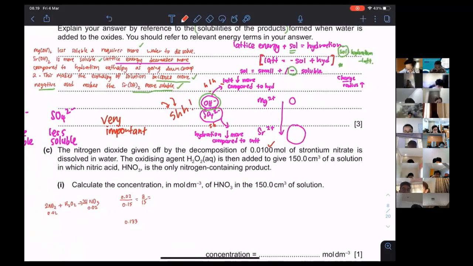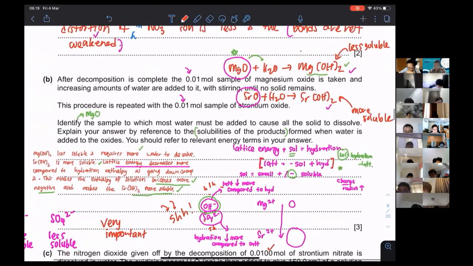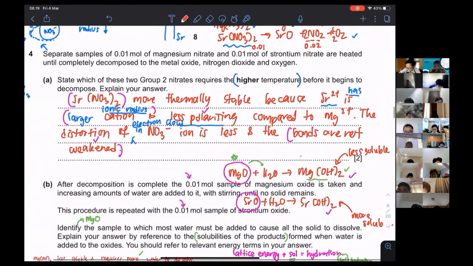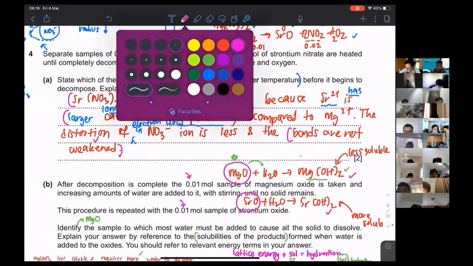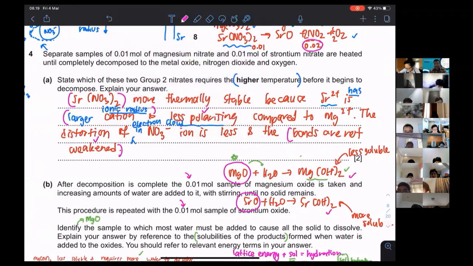This is going to be added with H2O2. NO2 plus H2O2 gives you nitric acid. If I balance this, I just need to put 2 and 2 there. I know I am producing 0.02 moles.